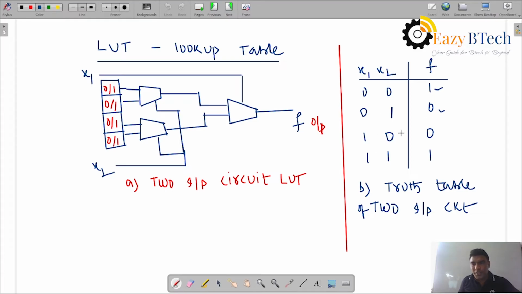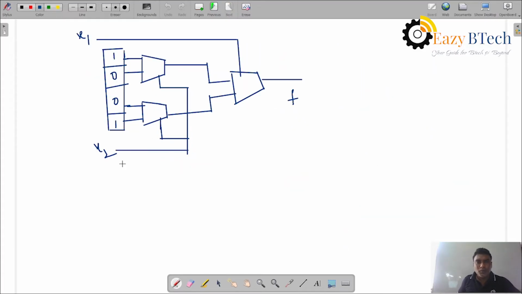So according to the truth table, this is the lookup table design, figure C. According to the truth table it will be designed.